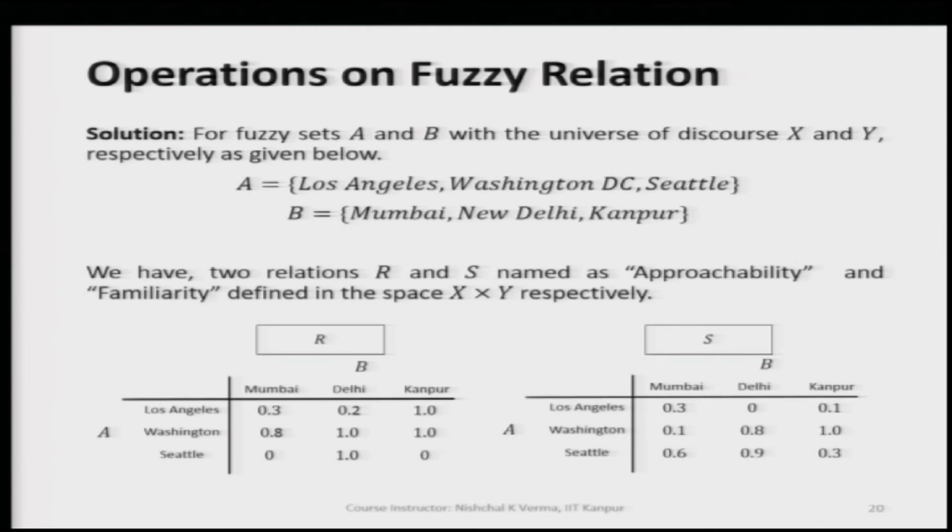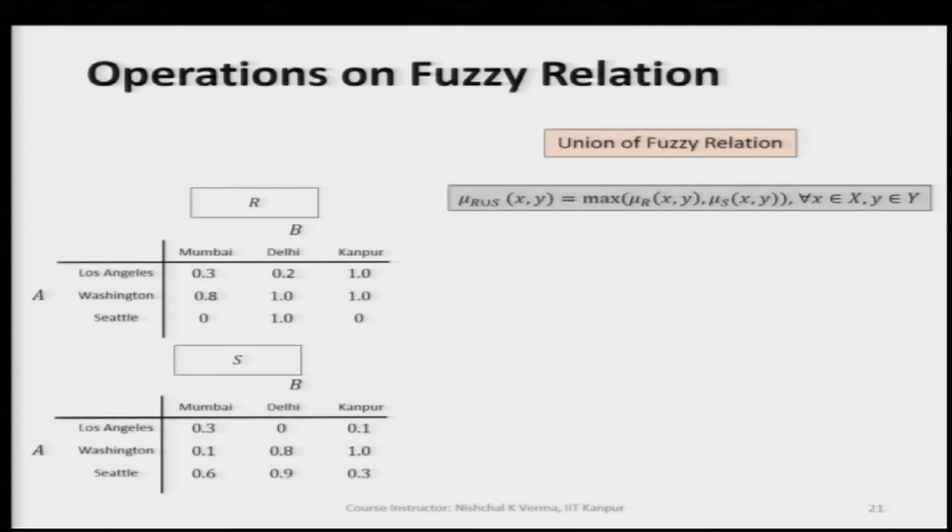Here, basically our intention is to find the union of these two fuzzy relations. R is the fuzzy relation set, I am writing here, and S also. So, both of these are fuzzy relation sets.